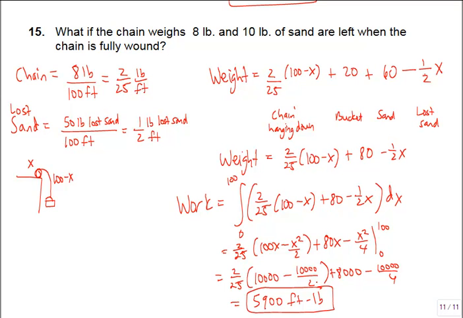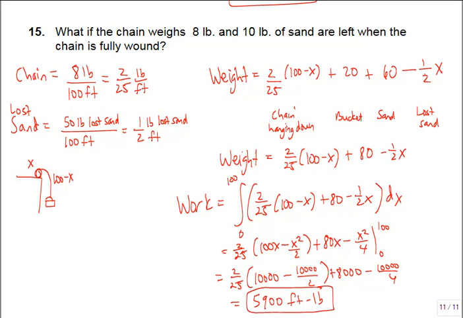Okay? So we talked about three main types of work problems. The work required to stretch or compress a spring, and that relies on that force function F equals kx, which is Hooke's law. Then we talked about the force required to move a fluid, which requires you to take a cross-sectional slice, find the weight of that slice, and multiply that by the distance that that slice needs to move.